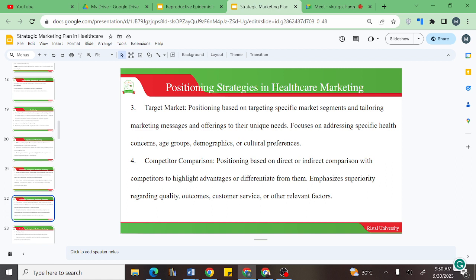And then you also need to look at competitor comparison, positioning based on direct or indirect comparison with competitors to highlight advantages or differentiate yourself from them. For us, we have served for over 10 years. So if you have a hospital which has entered into the industry, let us say for the last 2 years, and then maybe it is bringing up a competition that you didn't expect, maybe you may need to position yourself in terms of experience.